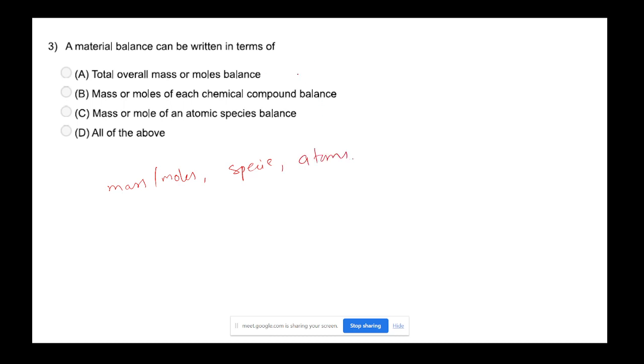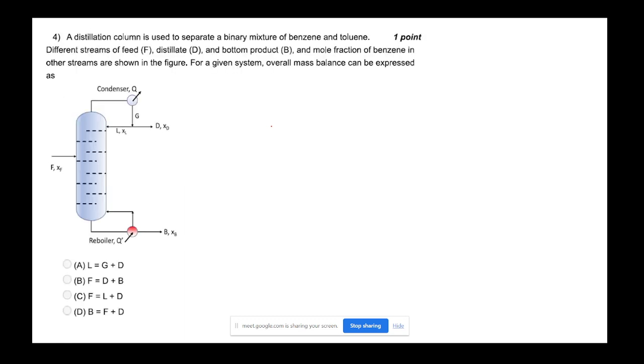If we look into the options, total overall mass or moles is the overall balance, and each compound balance is the component-wise mass balance, as I have explained earlier. Or there can be an atomic mass balance also. So all the options are correct in this case.